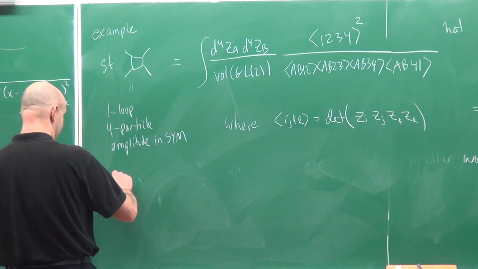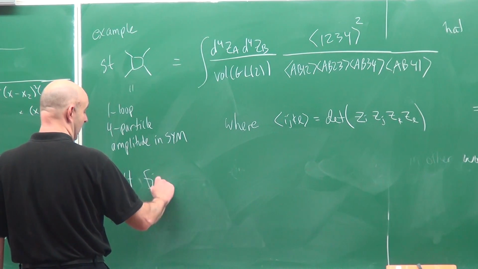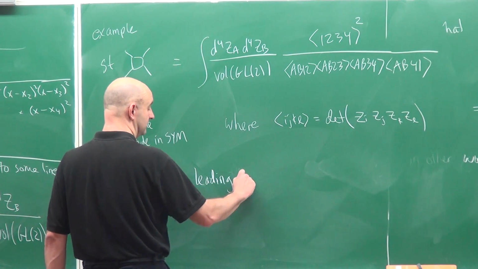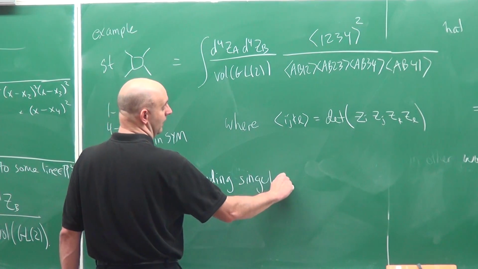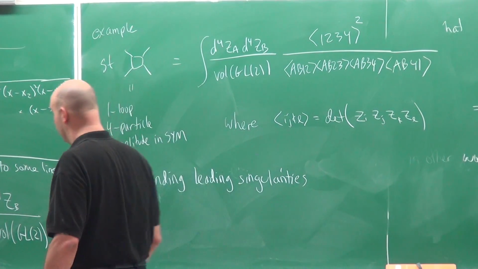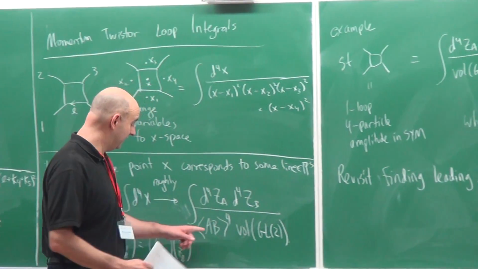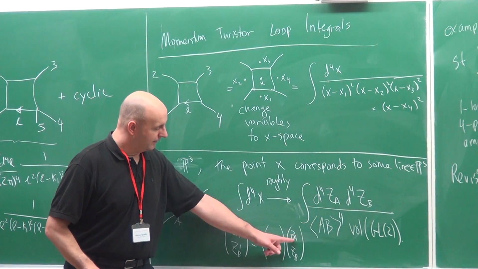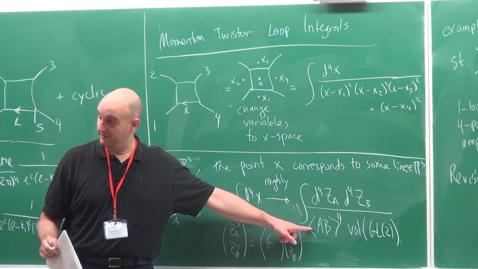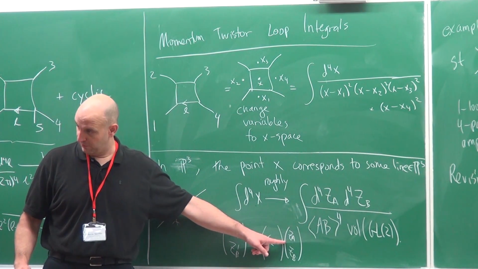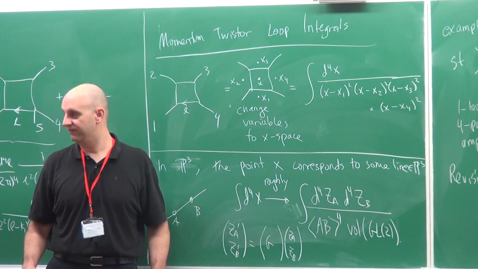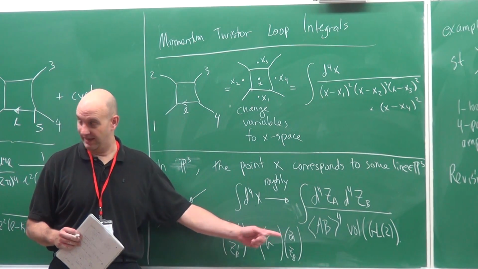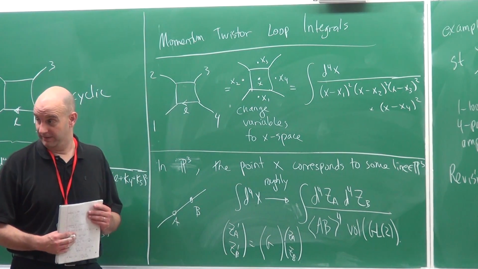Let's revisit in the last 2 minutes the question of finding leading singularities. Define the 2 brackets. Oh, yeah, thanks. Here, this is a vestige. Here I literally mean that this is the ordinary spinor helicity 2 bracket for the first 2 components of ZA and the first 2 components of ZB. So if you will, the lambda associated with ZA and the lambda associated with ZB.